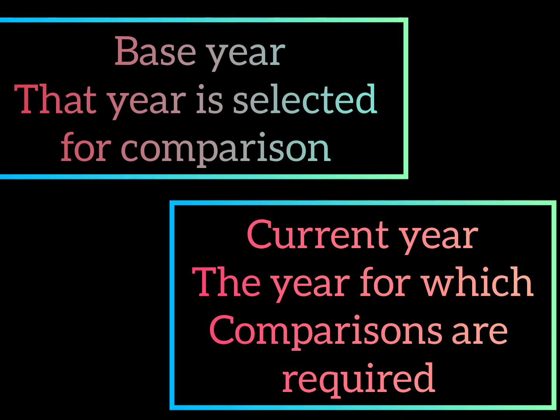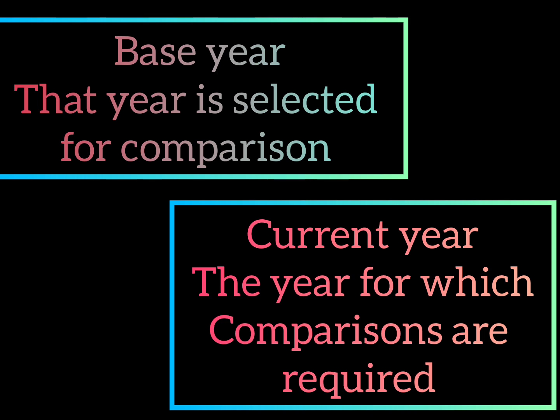On the other hand, one of the most important things is the base year. When comparison is made between any characteristics of economics at a certain period of time with that of another period of time, that another period of time is called the base year. Basically this is the first series of the years, the year selected for comparison.